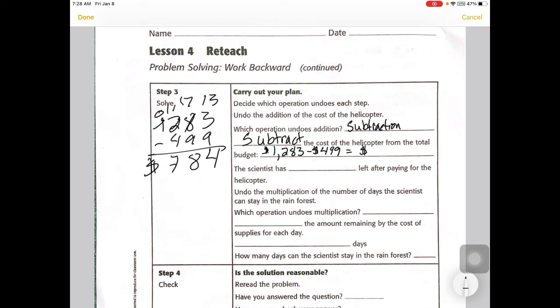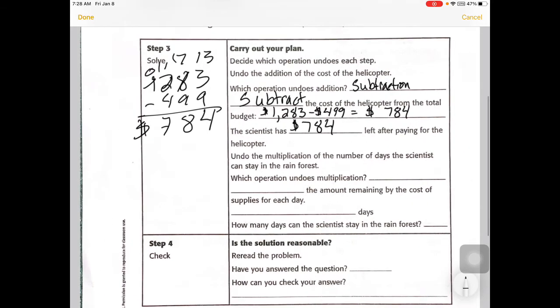So $784. The scientist has $784 left after paying for the helicopter. Now we can undo the multiplication of the number of days the scientist can stay in the rainforest. What operation undoes multiplication? Yes, division is the opposite.